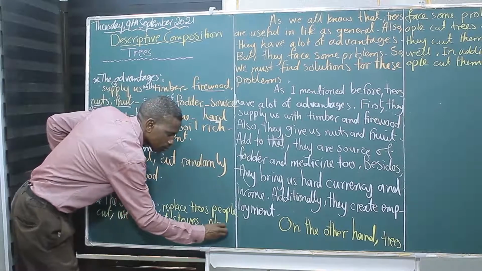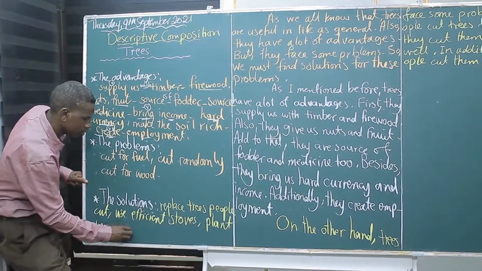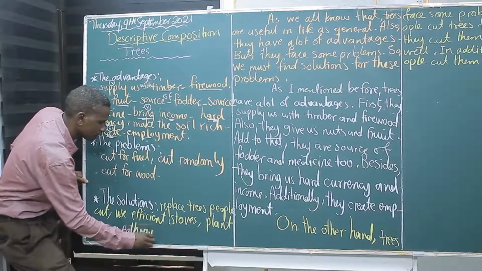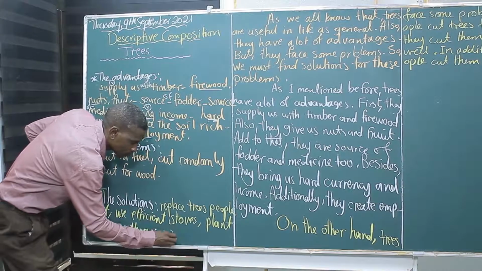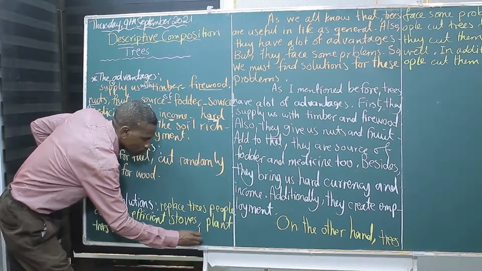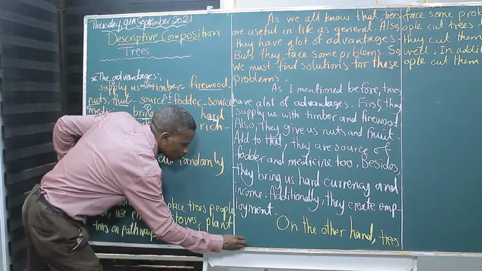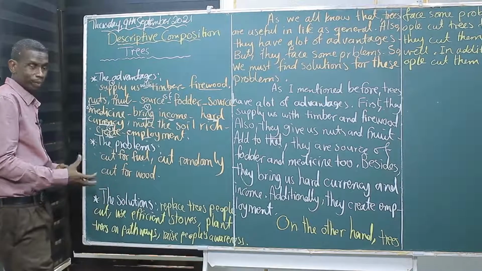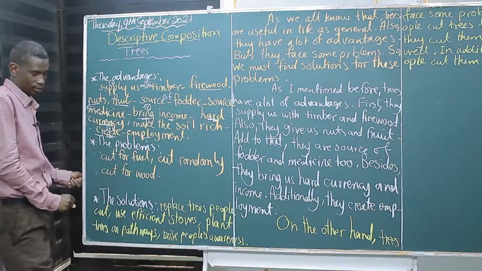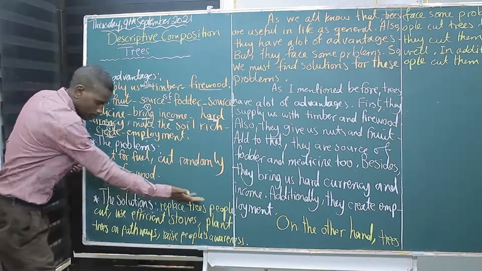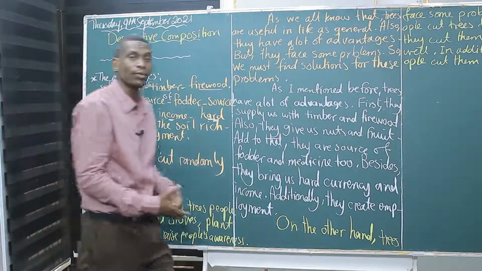Plant trees on pathways. And finally, raise people's awareness. So many solutions have been suggested. The solutions: replace trees people cut, use efficient stoves, plant trees on pathways, and raise people's awareness.